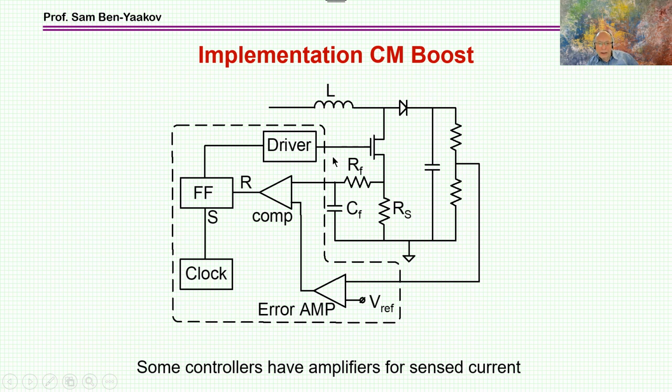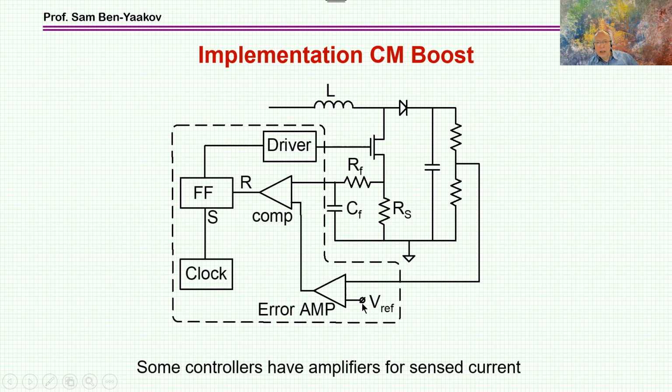And we have then the inner loop here. Here's the clock, the flip-flop. And this is the comparator, comparing this voltage to the small filter. I'll talk about it in a minute. Comparing the voltage here to the voltage here. And this is the reference.